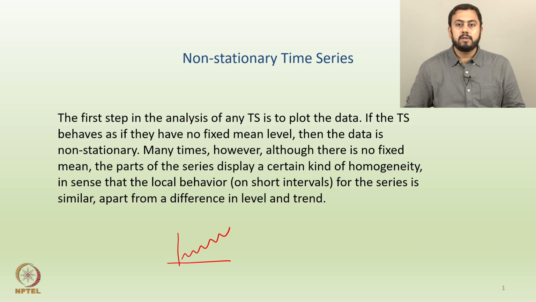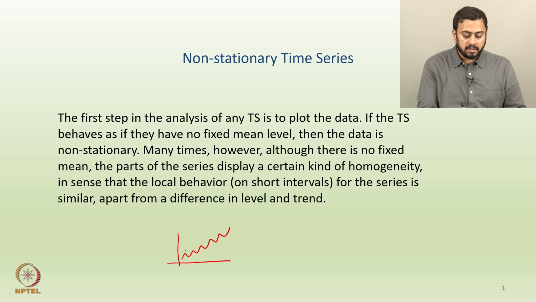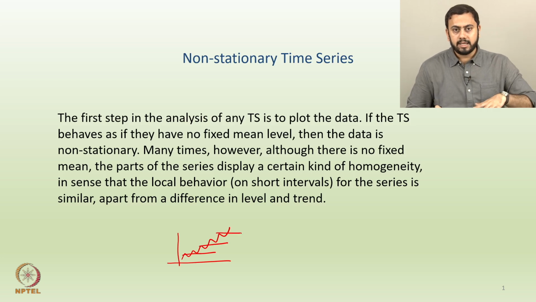If the time series behaves as if it has no fixed mean level, for example even here the mean is not fixed, the mean keeps on changing. Initially the mean is at that level, then the mean level changes to that level, and then eventually the mean could be somewhere here. So, as long as the mean is not fixed, one can say that the data set is not stationary.